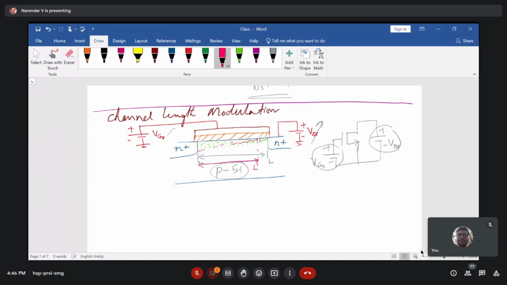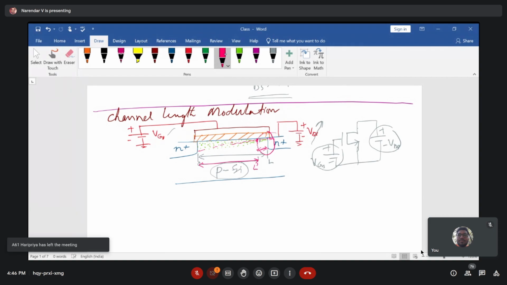It is because of the drain voltage at the vicinity of your drain and channel region. Channel electrons are there from this point, and because of the higher drain voltage, these electrons get attracted to this region. But there is no carrier concentration available here. That is the point to be noticed. Carriers are available up to this point, from L equal to 0 to L prime.